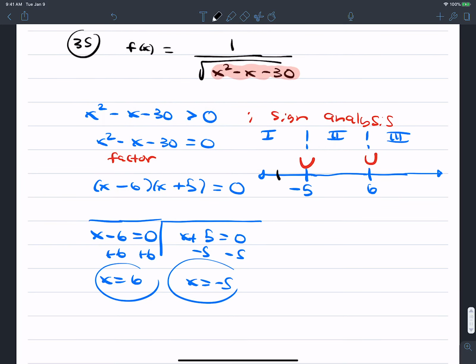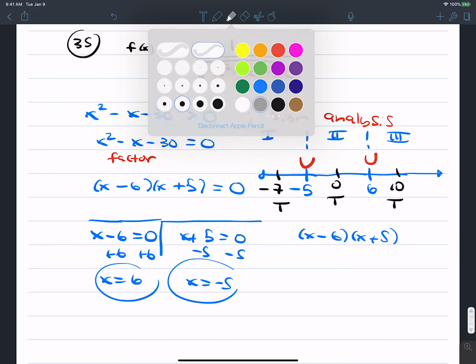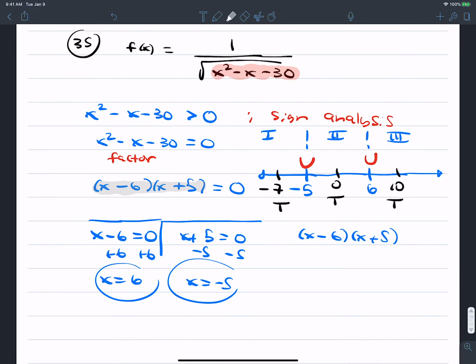So you need a test point here, like -7, 0, 10. These are good test points. And again, you always test the factored form. This form here. We're going to look at the sign. We want to know where that is going to be strictly positive, greater than 0 here.